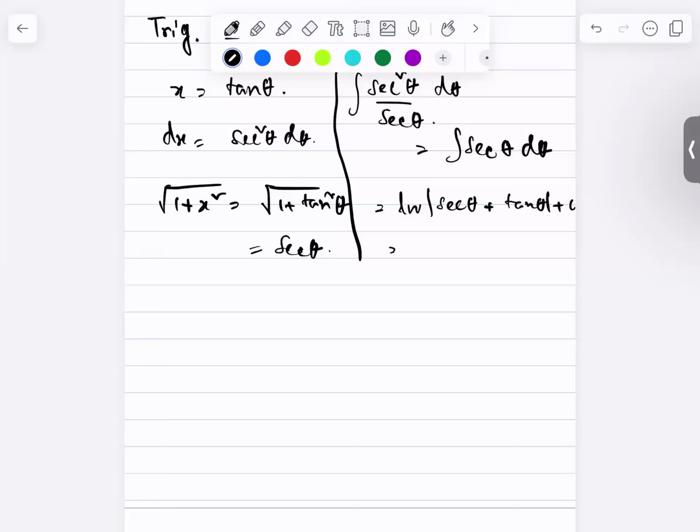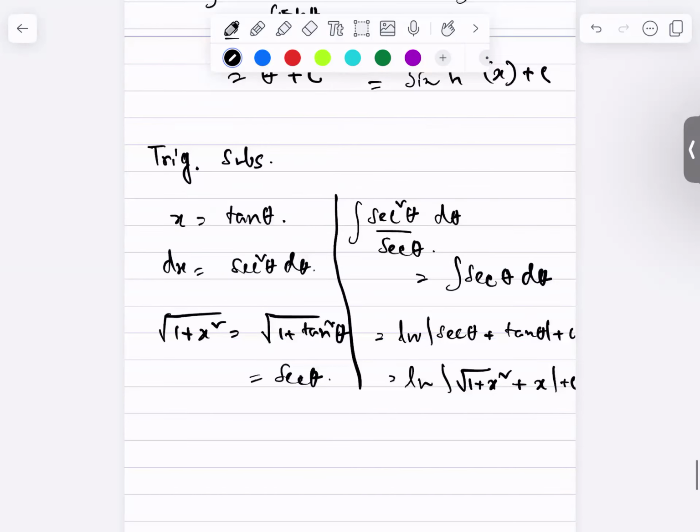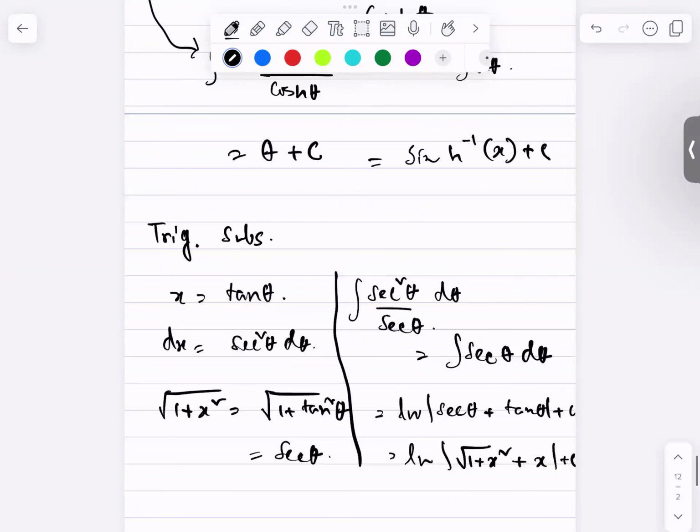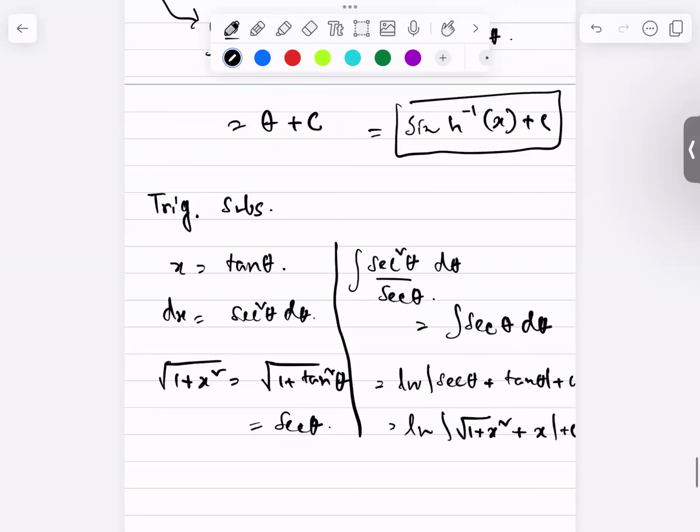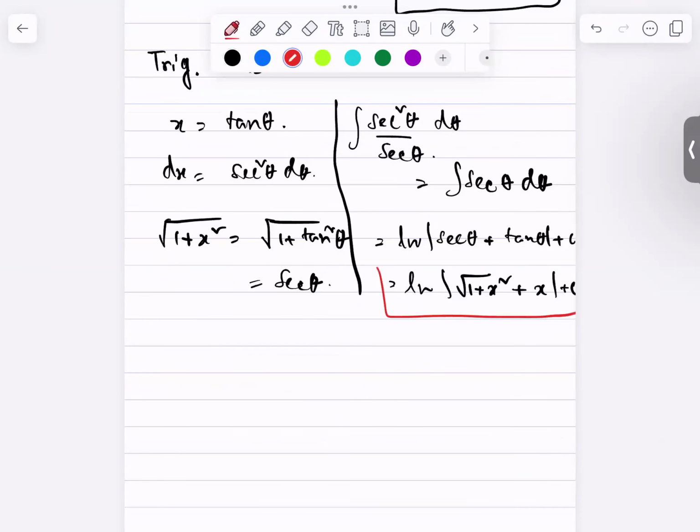Now if you calculate, secant theta is basically square root of 1 plus x square, and tangent theta is x, plus c. So I have this answer when we use the hyperbolic substitution, and I have that answer when we use the trigonometry substitution.